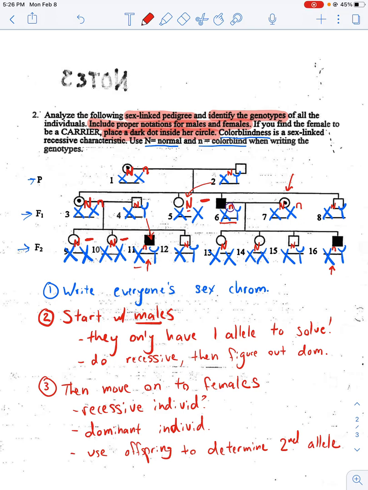11 and 12 are solved. Now we're on to 13 and 14. 13 and 14 are the daughters of 6 and 7.